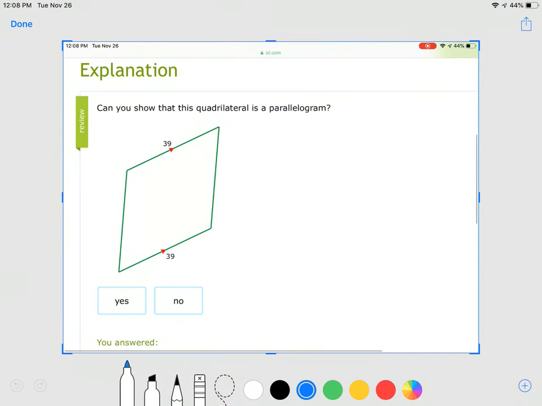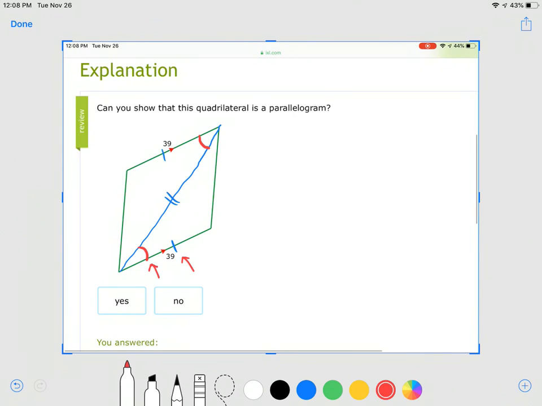Alright, so if you drew a diagonal, we have two triangles, and this side is the same as this side. This side is the same for both. And then this is an alternate interior angle with this other one. So the two triangles are congruent to each other by side-angle-side.